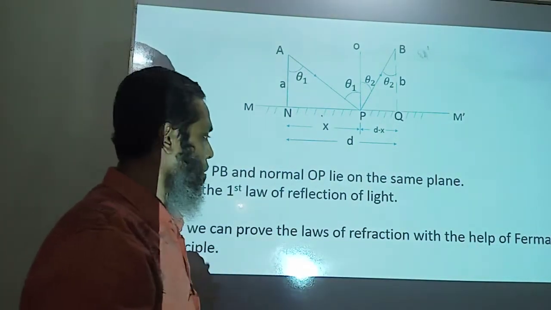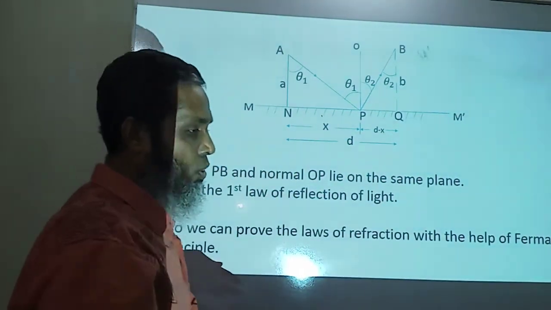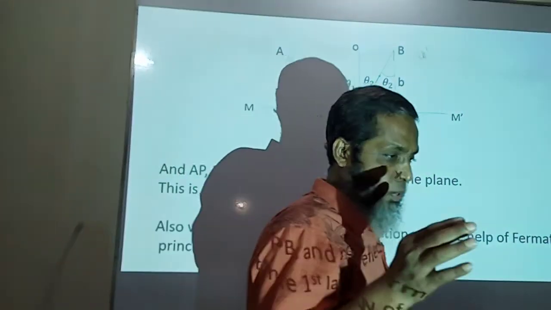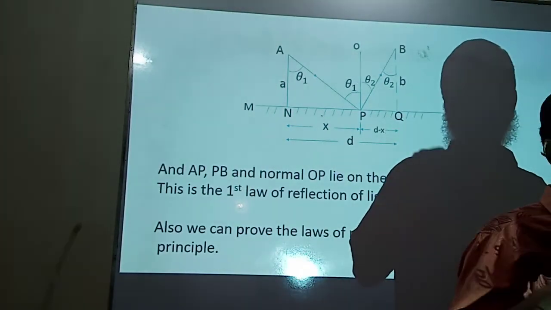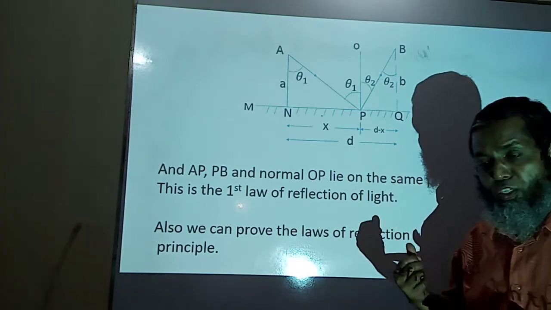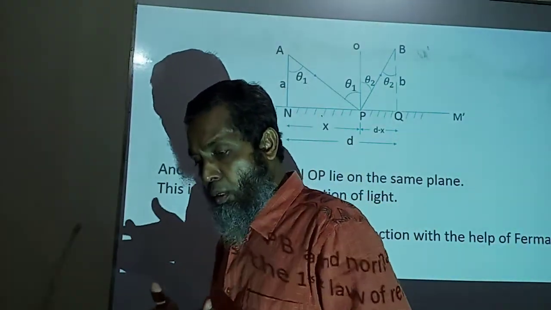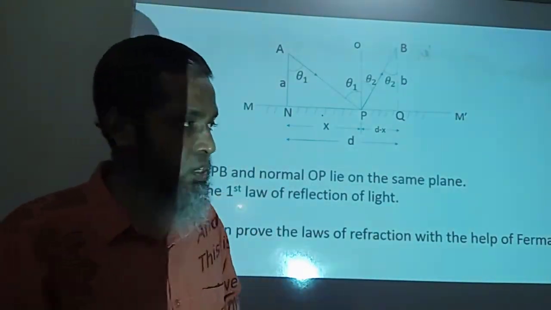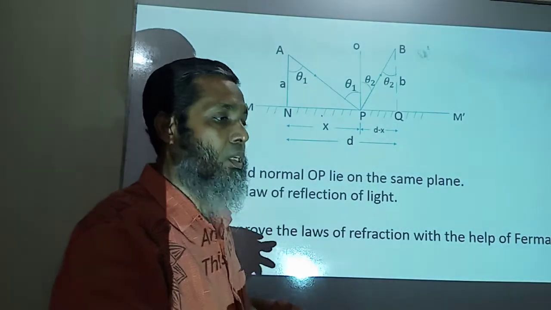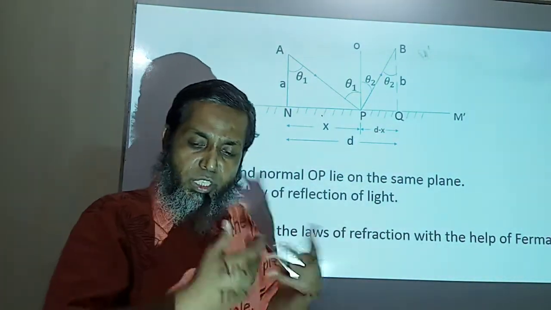So this is the first law of reflection of light. So with the help of Fermat's principle, we can prove the laws of reflection. The laws of reflection are a well established and very ancient law, and we can prove it with the help of Fermat's hypothesis. Fermat's hypothesis is accepted as a principle, that is Fermat's principle, and this is also accepted.